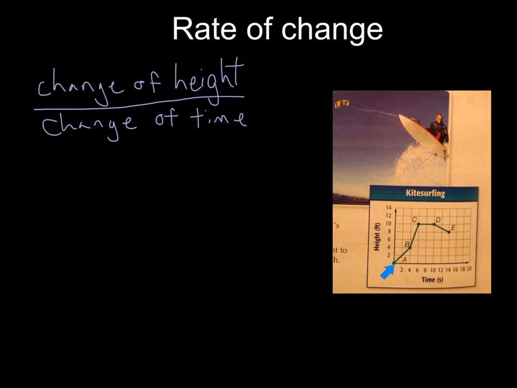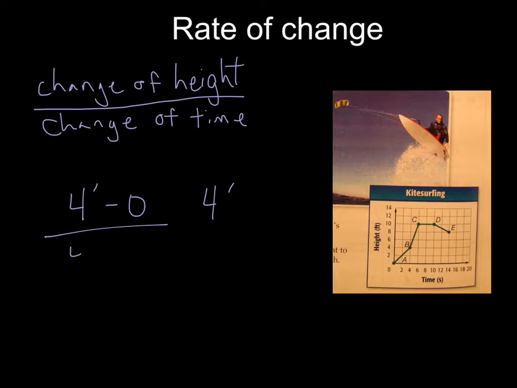So if we went from point A, the starting point, to point B at 4 seconds in, we can see that at the start he was at 0 feet in height, and after 4 seconds he was 4 feet high. So he ended at 4 feet and he started at 0. So the change there would be 4 feet, and we're going to divide that by the change in time.